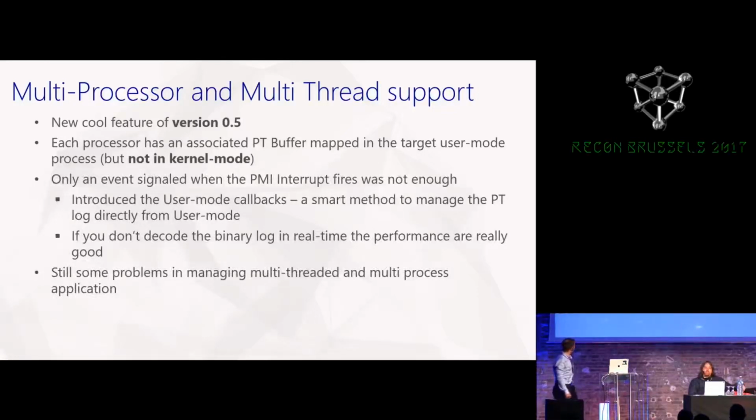Here we have tested that even in a really big multiprocessor environment, if we don't decode the binary log in real time to transform it into human readable text, the performance is really good. I mean, we can't see any slowdowns in the traced application.